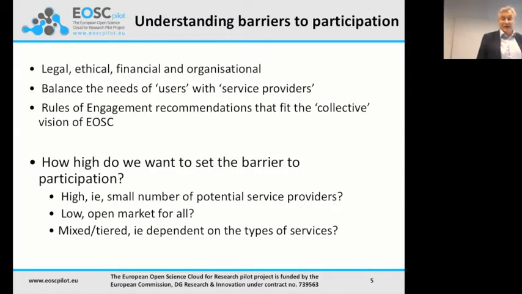How do we guarantee quality and all aspects of SLAs and so on? There must be something. A likely model can be mixed or tiered, depending on the type of services, and it should be clear to the user what type of service it is and what can be expected of one particular service.